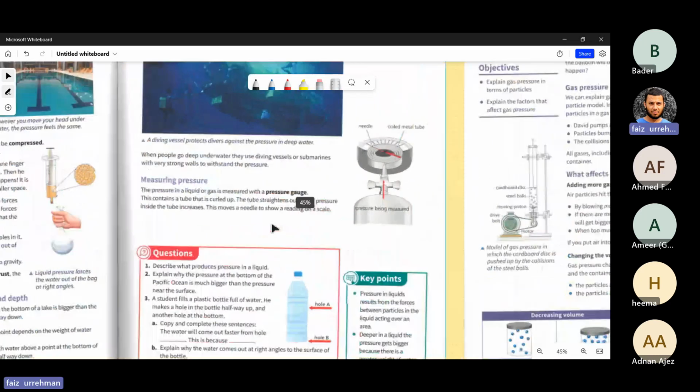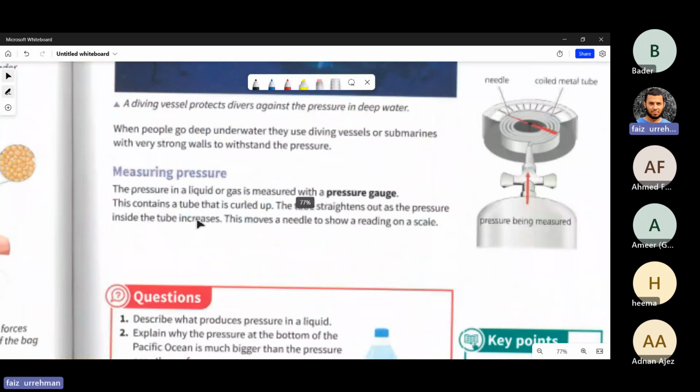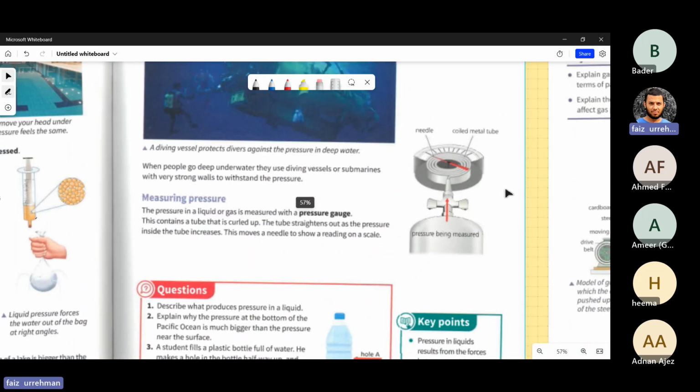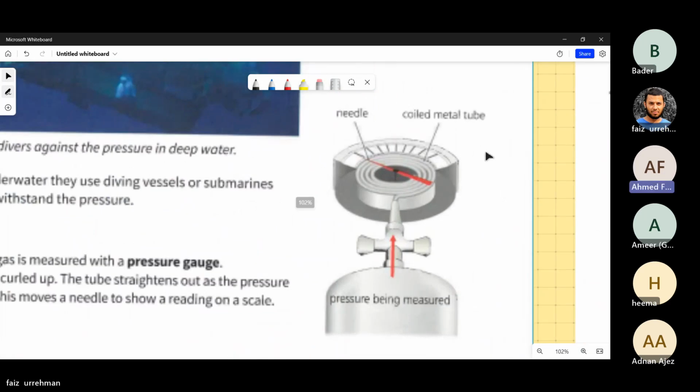Okay, so this contains a tube that is curled up. The tube straightens out as the pressure inside the tube increases. This moves a needle to show a reading on the scale. Here you have coils. When a strong pressure is generated, the coils will try to become straight.